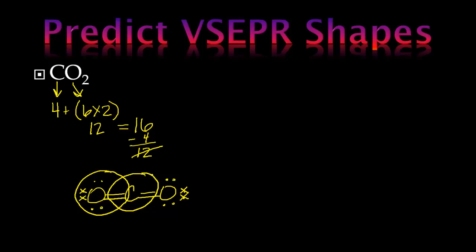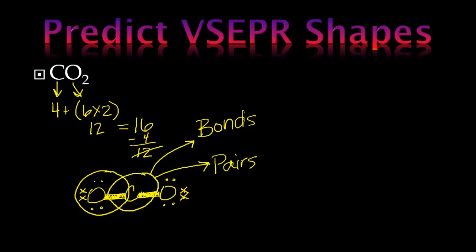So now we're going to start looking at the shape. And we need to figure out, once again, how many bonds and how many pairs of electrons. If you remember back to the very first slide, we said that double and triple bonds are going to count as a single bond. So basically, these are going to be big, fat, single bonds. We're not going to think of them as 2, we are going to think of them as 1.